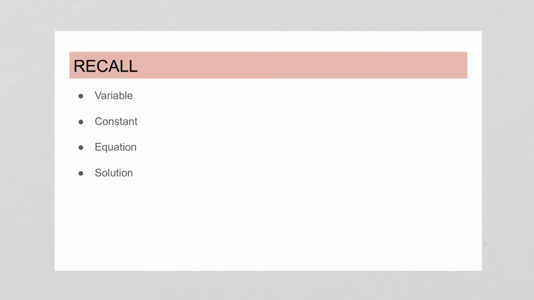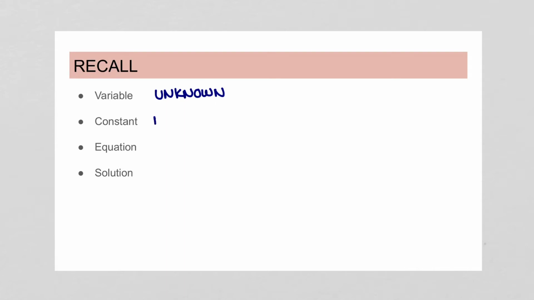Okay, for us to get started, I want to go ahead and review the language we're going to be using so that we can remember where we are and what we're all talking about. For the sake of this lesson, a variable we know is going to refer to an unknown. Often you'll see it represented as a letter like X or Y, but it can be anything.